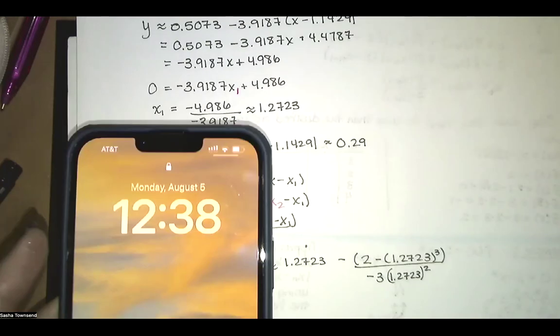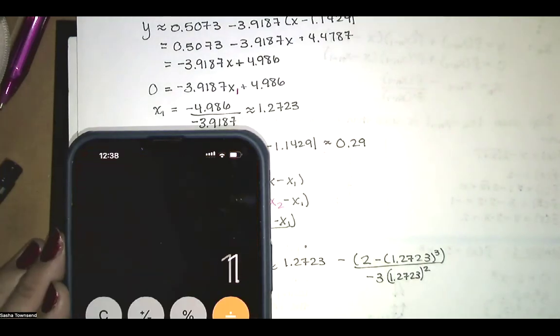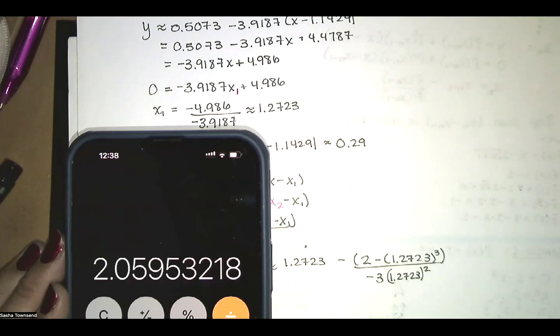Just a bunch of arithmetic. So I have 1.2723 times 1.2723 times 1.2723, and we're going to subtract that from 2. And so I would have this value but negative. So I did it backwards.